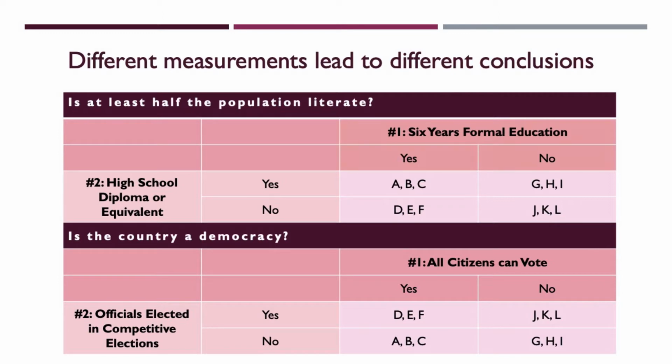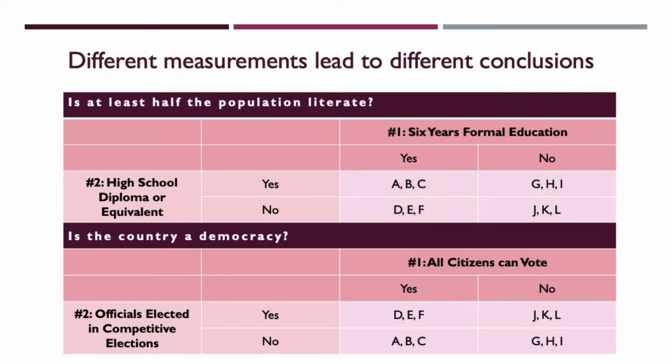In this case, does at least 50% of the population have at least 6 years of formal education or not? And when we use this operationalization, we see that countries G, H, and I no longer meet the criteria, and instead countries A, B, C, and D, E, F meet the criteria of literacy rates.